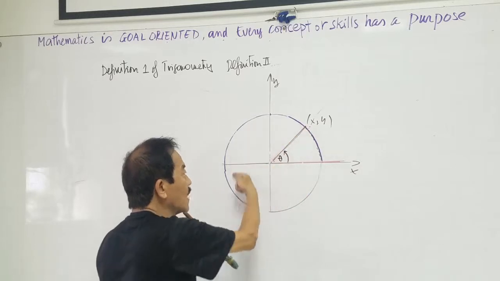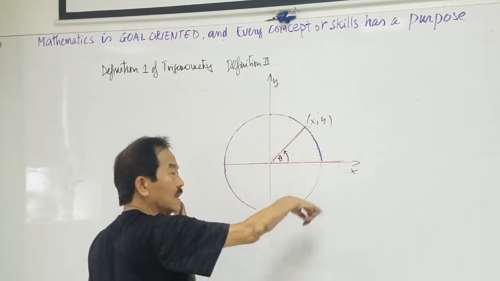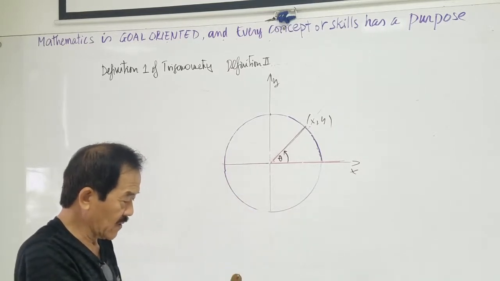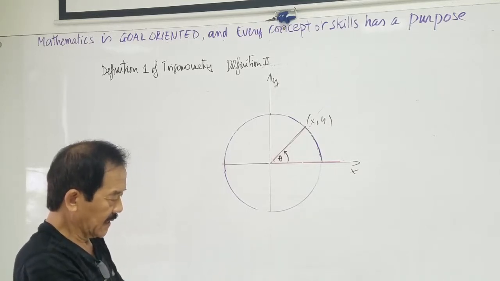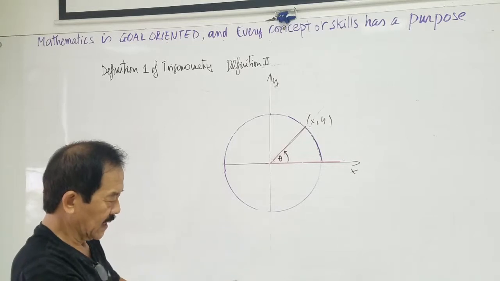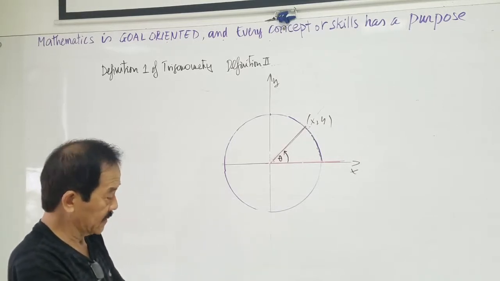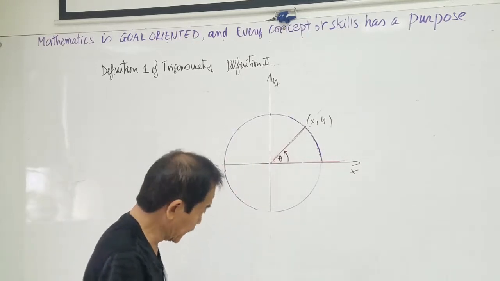You can go around 360 and go on and on to infinity. Many angles we're going to learn later on. Actually we are very interested in angles up to a maximum of 720 degrees only. But anyway, the idea is the angle can be any angle.